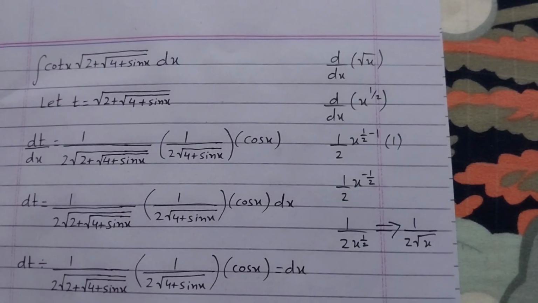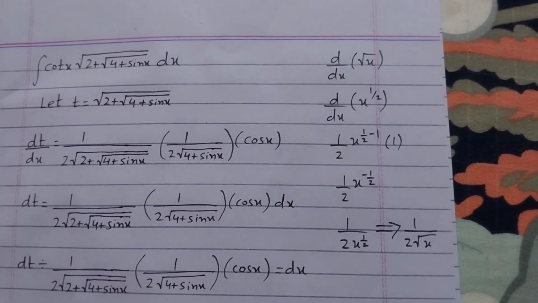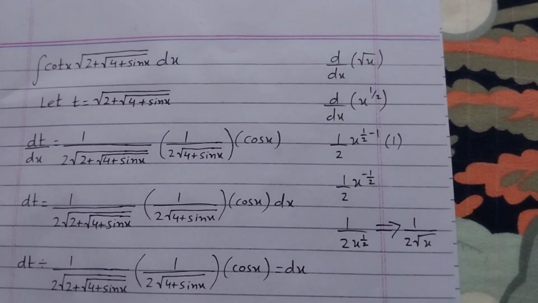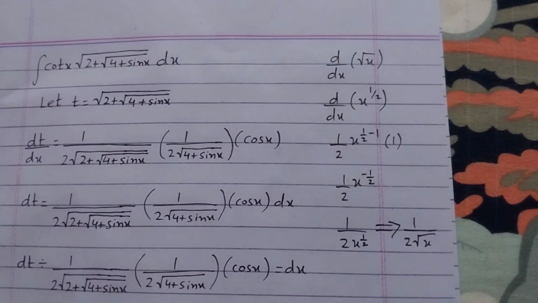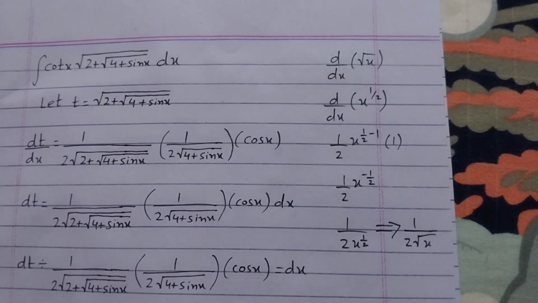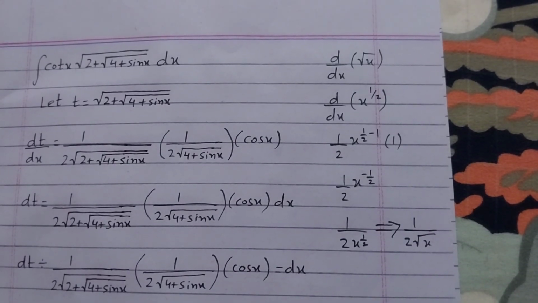And then we need to take the derivative of the expression which was being raised to some power. Here we have x, and its derivative with respect to x is just 1. So we get this answer: 1 by 2 x raised to power minus 1 by 2.